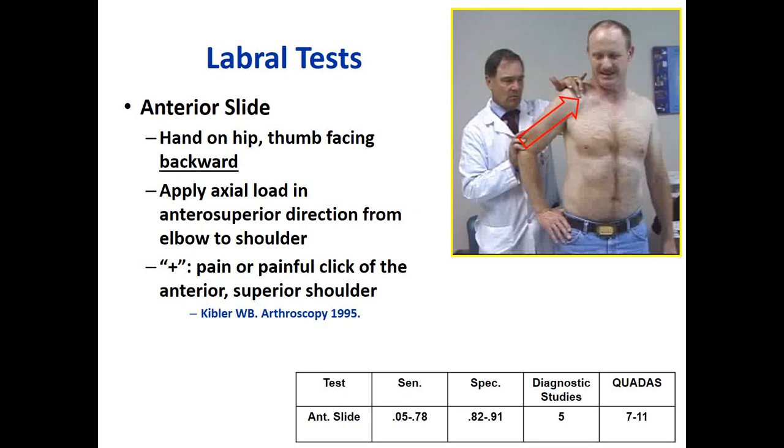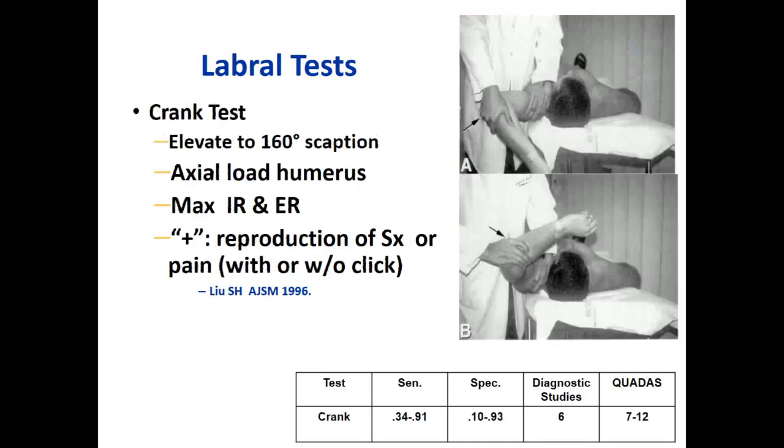And maybe you'll feel the patient will have a painful click, but it's more common to have pain with that, typically in the superior aspect of the shoulder. The specificity of this test is pretty good. It's been looked at by several different studies, 5 different studies, so you can see it's consistently pretty high specificity. The QUADAS score is just the critical appraisal score, and the higher that number is, the better. A top score is like a 12 on that.